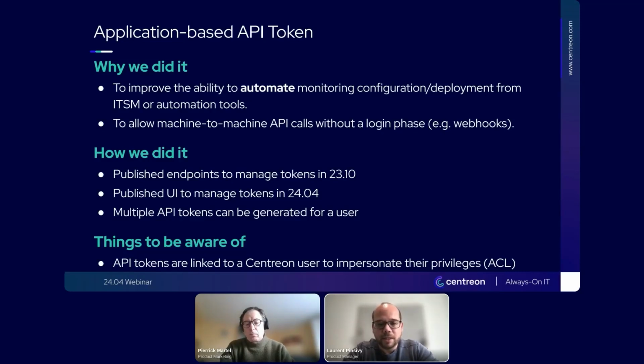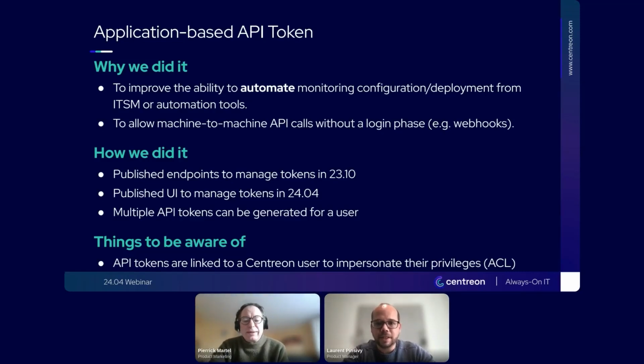And this token is linked to a contact in Centreon to benefit from the ACL, the privileges of this user. You can create many tokens on the same user, one token per application. You can disable a token, revoke a token. And this helps you to improve API usage by removing the login and password phase to retrieve a token. Now you can call the API directly with this application-based token.